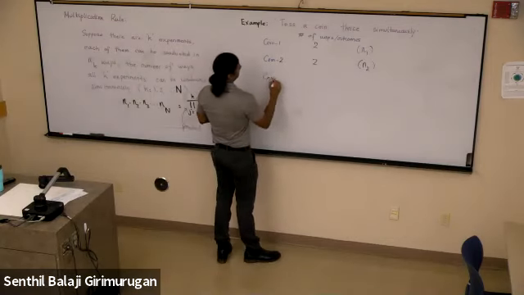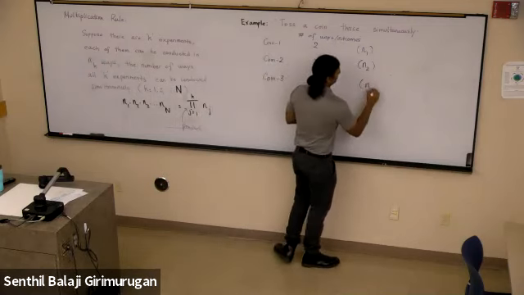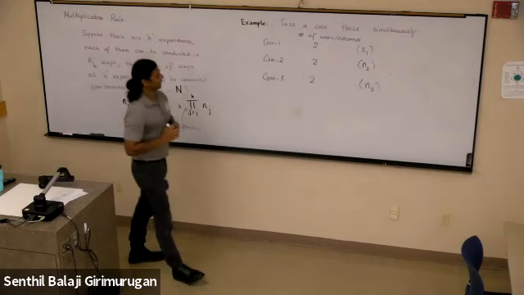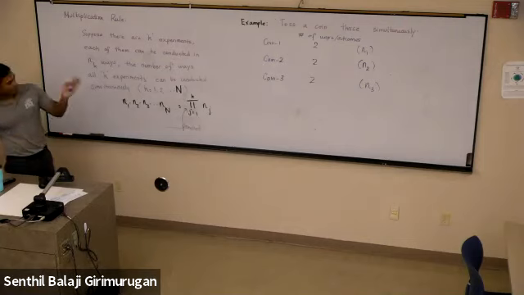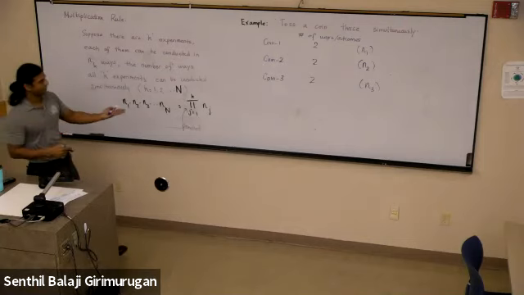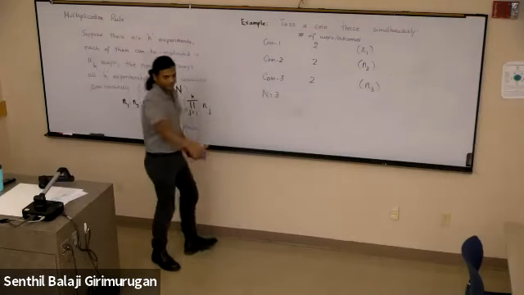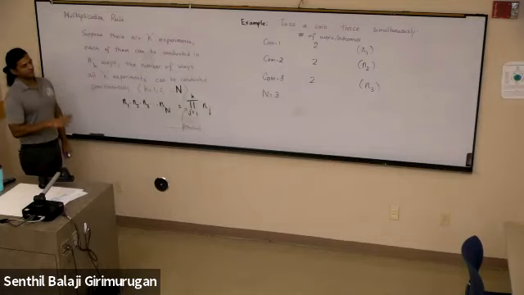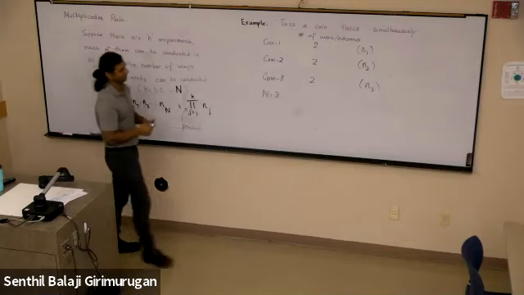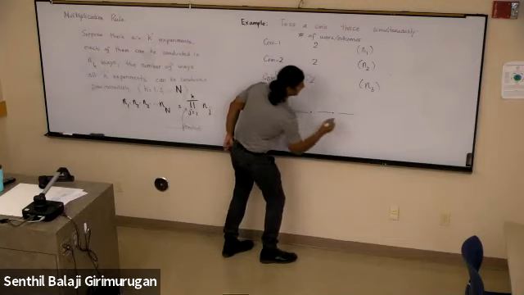Coin 3, number of ways in which that could happen? n3. So capital N in this case will simply be 3. So we have 3 experiments. In total, in how many ways could it happen simultaneously? Coin 1, coin 2, coin 3.